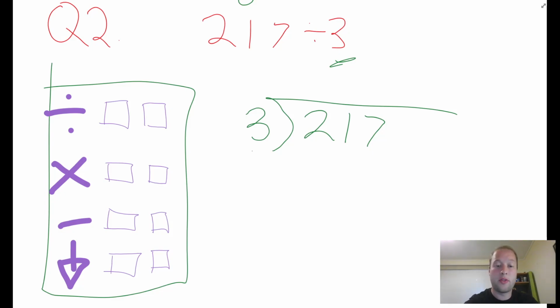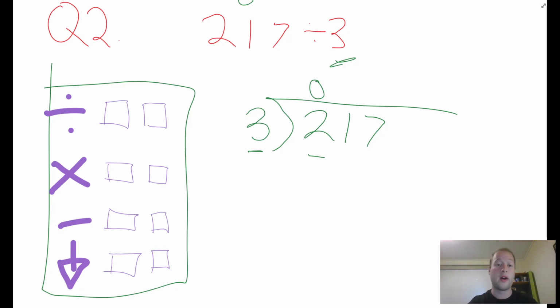Let's begin. We've got 3 divided into 2. I'm trying to count by 3s and I'm trying to get to 2. I can't, can I? If I start on 0 and I count to my first one, 3, I'm already too big. So the actual answer is 0. We can't do 3 divided by 2.